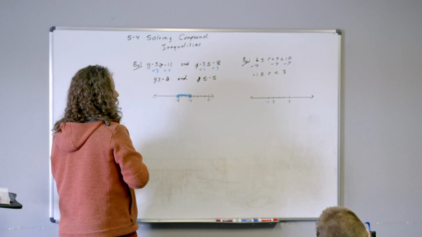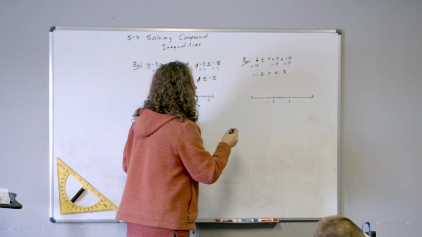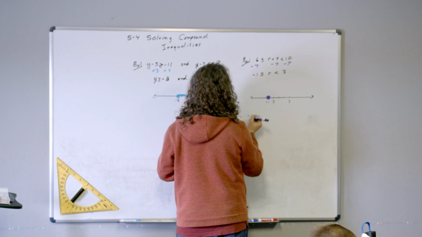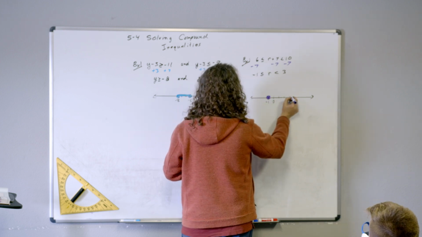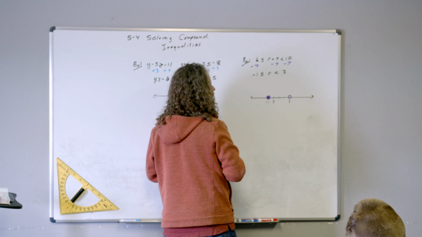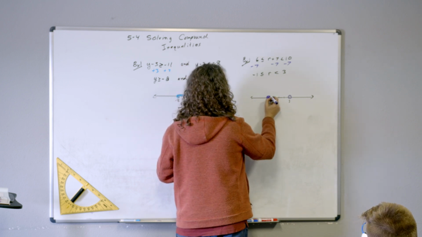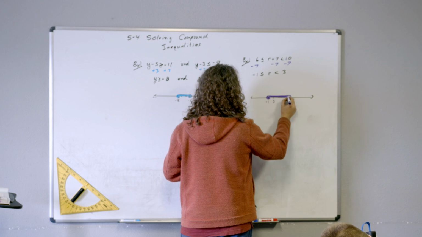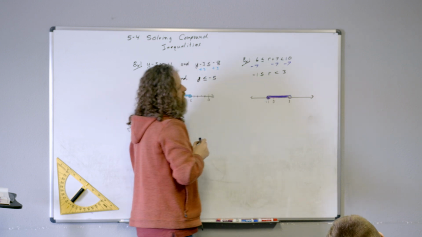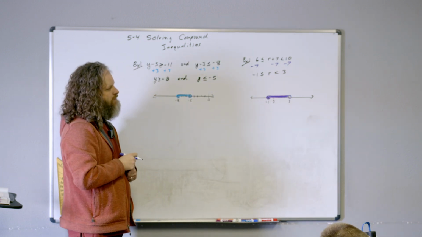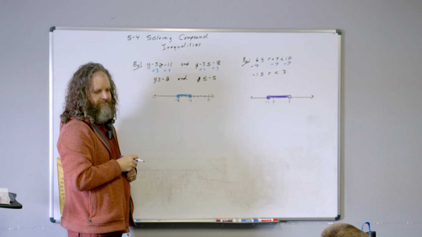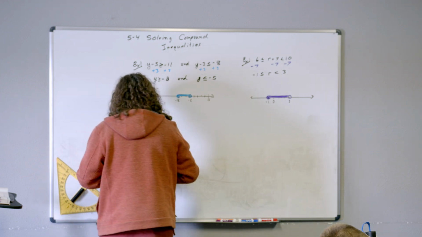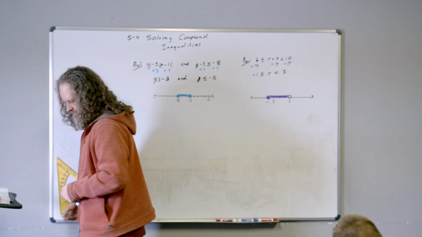One of them's going to be open and one of them's going to be closed, right? This one's going to be a filled in circle. And this one's going to be an open circle. Greater than negative 1 and less than 3. Easy peasy, right? Yeah, it was easy. No big dealio.